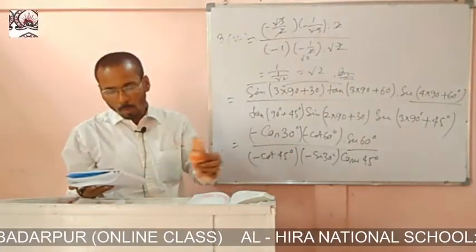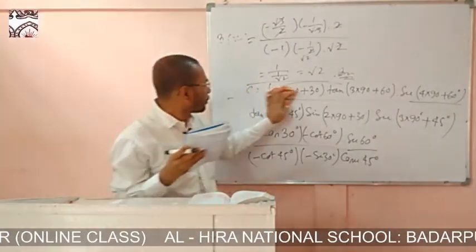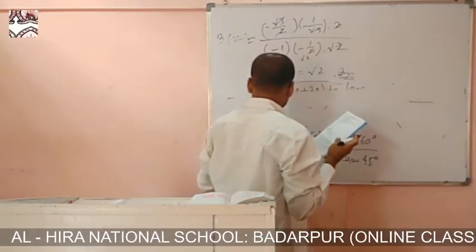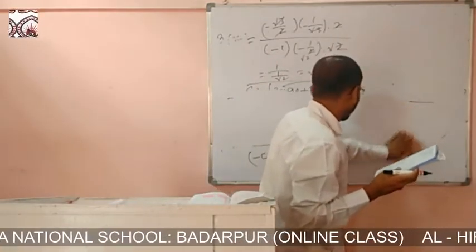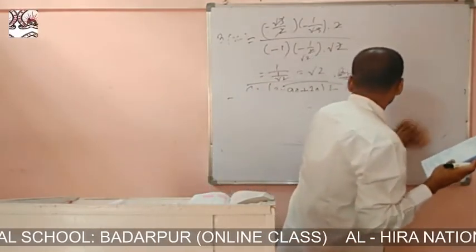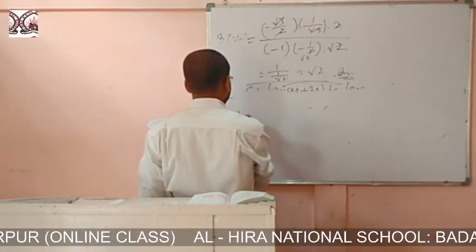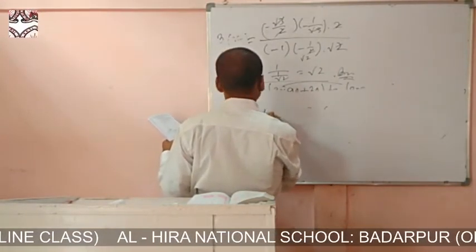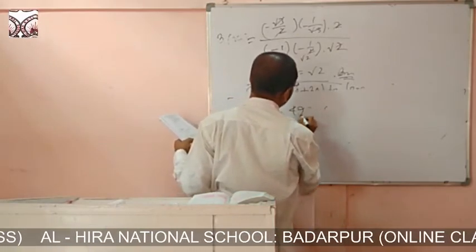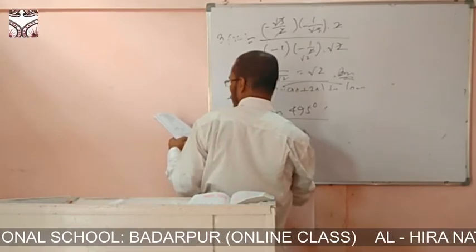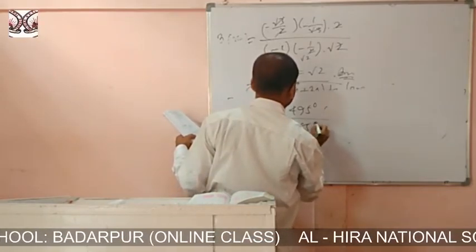Now question number 9. Question number 9 is tan 495 by cot 855.